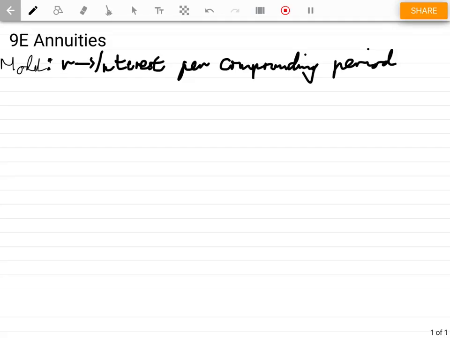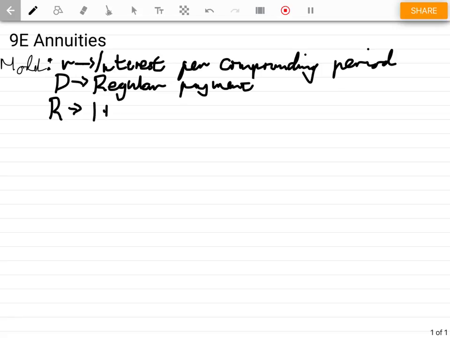D is the regular payment that you're receiving. And R is equal to 1 plus r over 100.